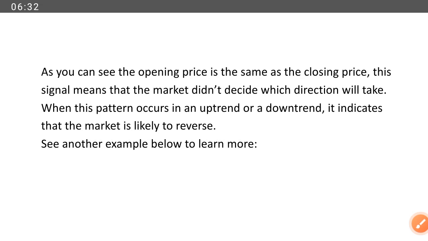This signal means that the market didn't decide which direction to take. When this pattern occurs in an uptrend or a downtrend, it indicates that the market is likely to reverse. See another example below to learn more.